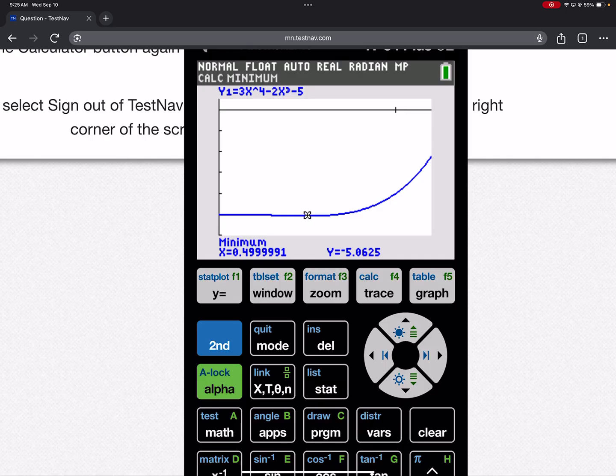Let me see. Why does yours have those lines? I don't know. Let me see.